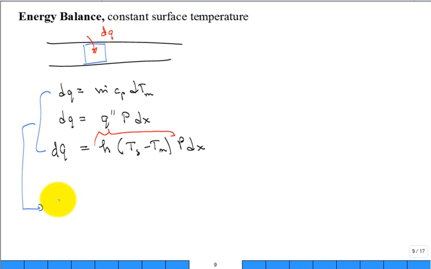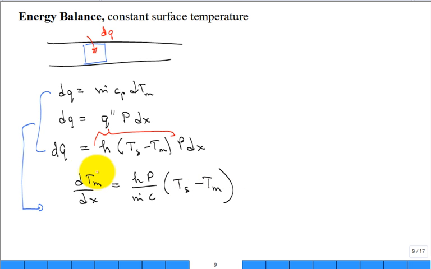Eliminate dq. When you eliminate dq, you get dT_m/dx is equal to hP divided by m dot c_p times (T_s minus T_m). Is this T_m the same as that T_m? It is. Is this a differential equation?